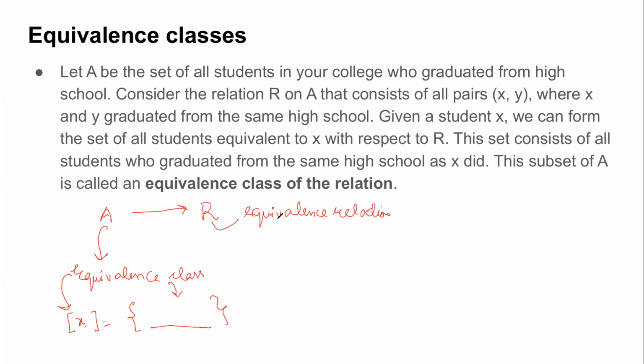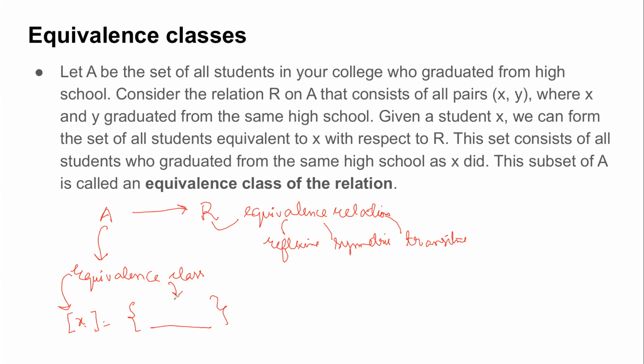Since the equivalence relation is reflexive, symmetric, and transitive, all the elements which are related to this X via these relations, you have to add them in this set. That kind of set is known as your equivalence class. Like I gave you the example yesterday.